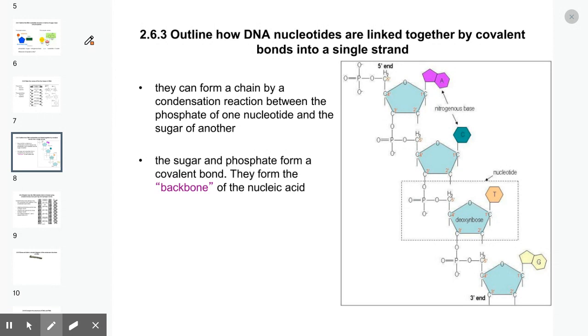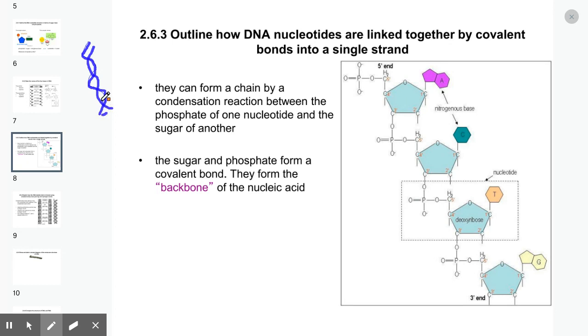So again, DNA, as we know, is a double strand. A double strand of these. If you can picture that these four nucleotides joined together would make up one of these strands of DNA.